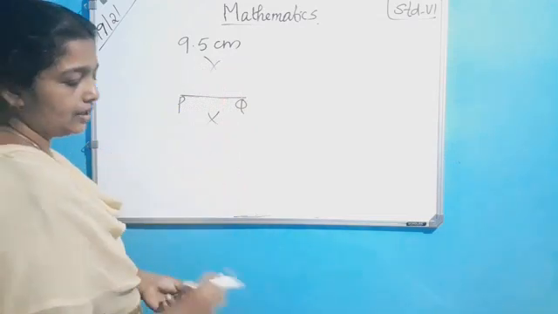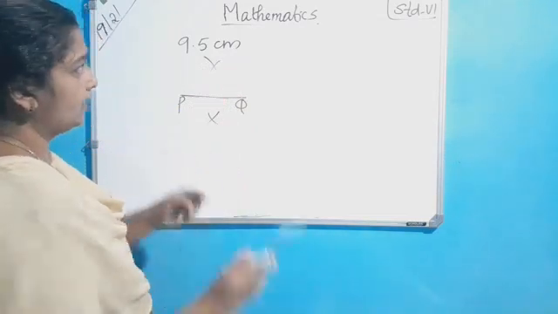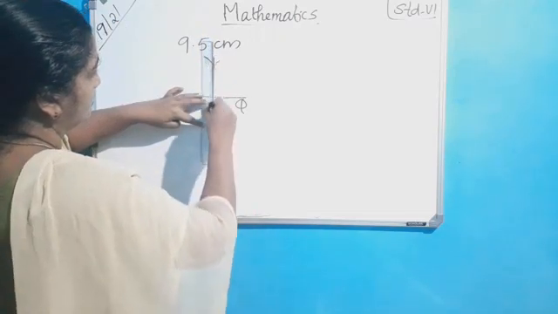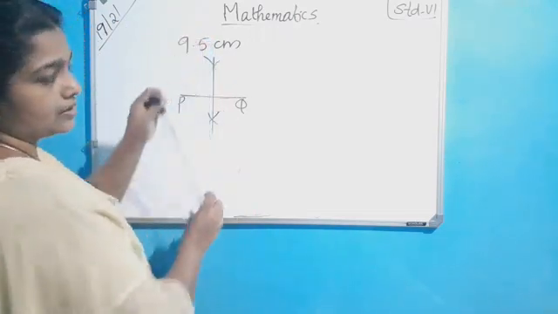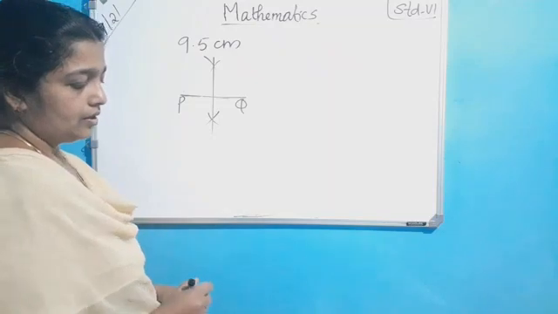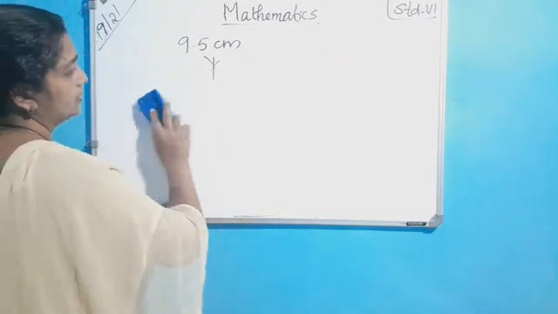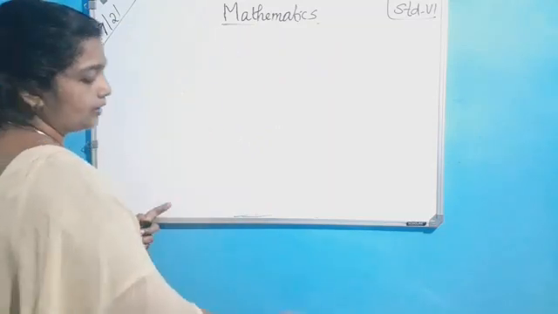Then take the scale and join. You will get the perpendicular bisector. Next, angle bisector.